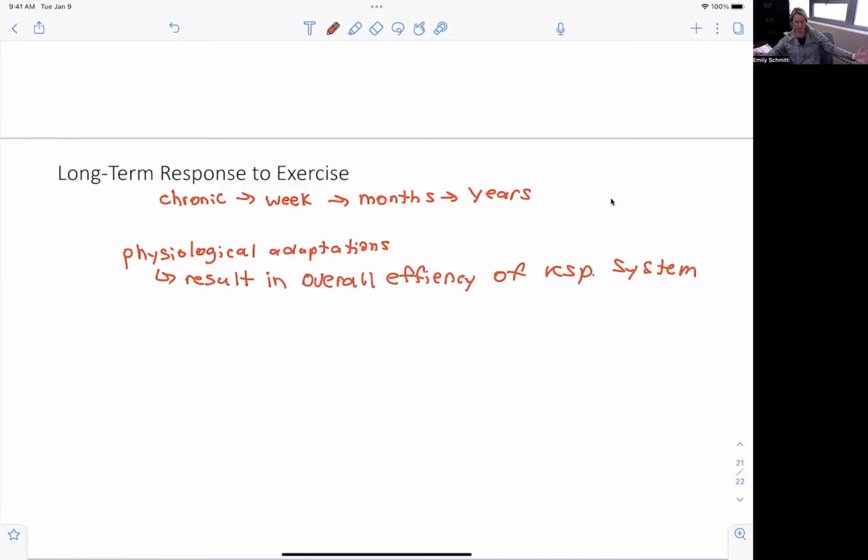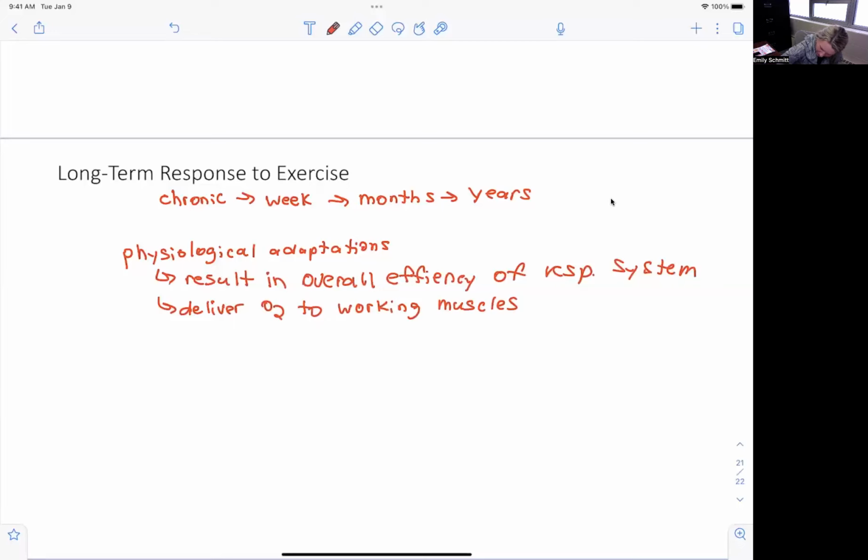Kind of broad and basic, but we basically want to deliver oxygen to working muscles. And long-term training will definitely increase the overall efficiency of our physiological ability to do that. And how do we measure this?